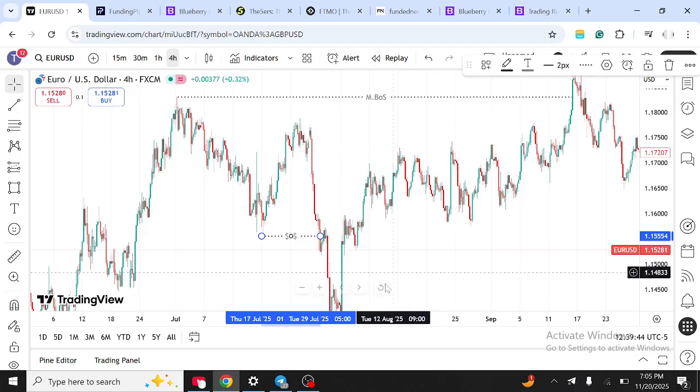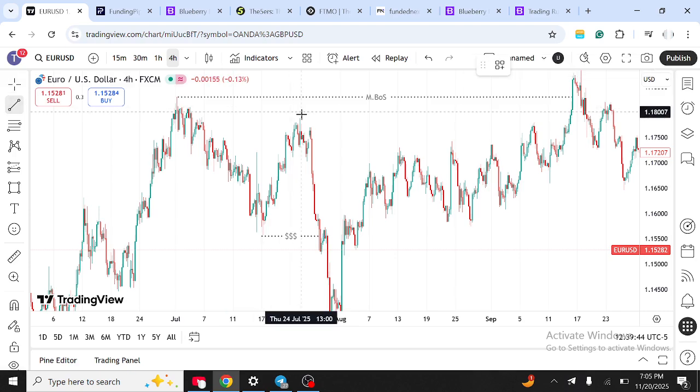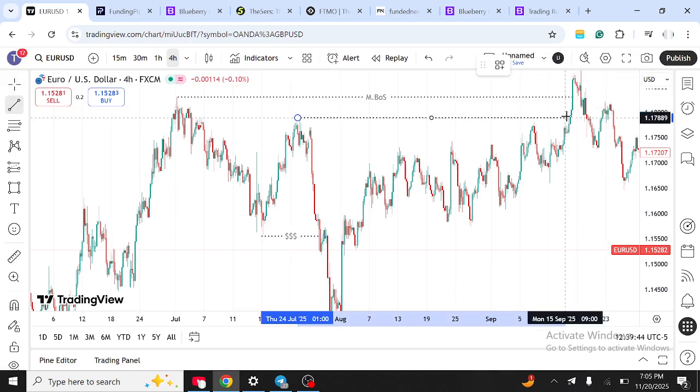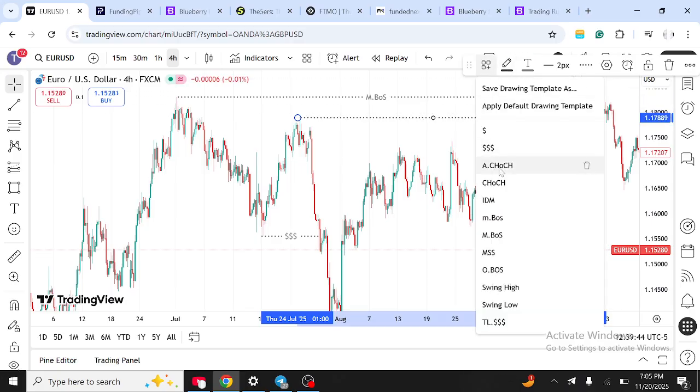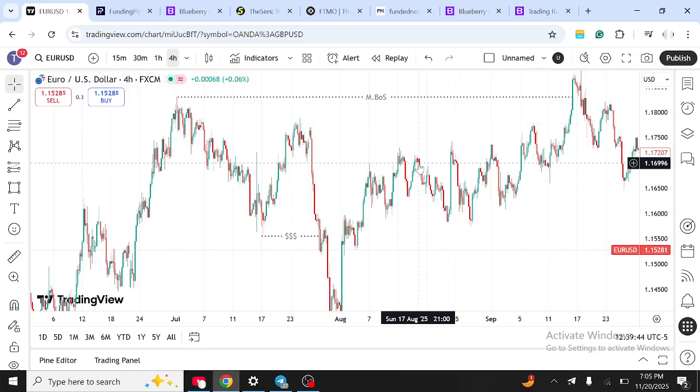And then what happens? It pushes to the upside to take out this high here, which, like I said, I don't usually name. Either you call it liquidity sweep or minor break of structure, but I just leave it out. I don't name it. Okay, so that's an overall.